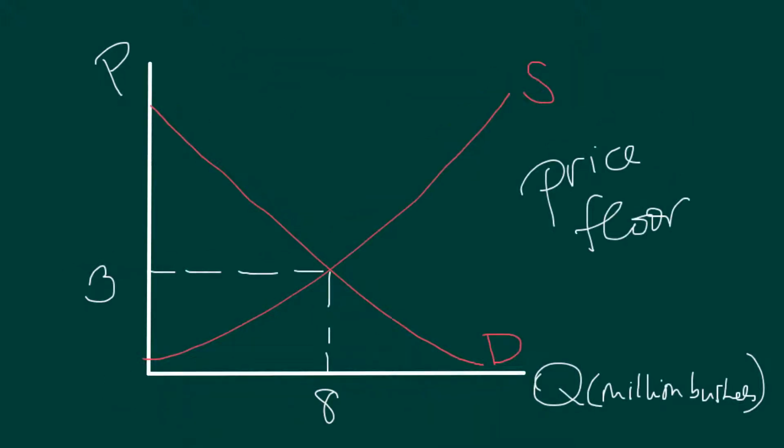All right, let's look at an example of price floors that we see in the real world. You commonly see them in the agricultural area. I'm going to do wheat, where we're looking at the quantity of millions of bushels of wheat being produced and sold.